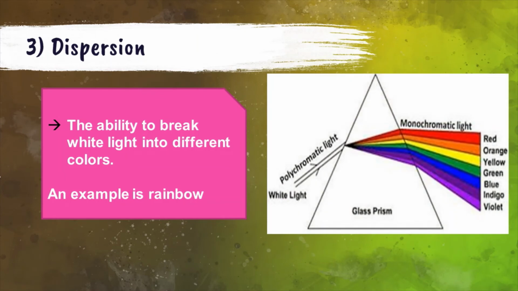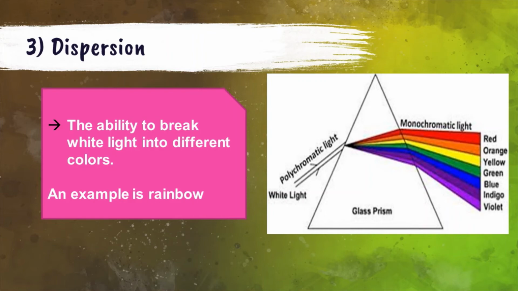Dispersion, the ability to break white light into different colors. White light is formed when all the colors that we can see are combined except for black. If white light enters a prism, it slows down and bends or refracts the colors, then separates because each color has a particular wavelength.